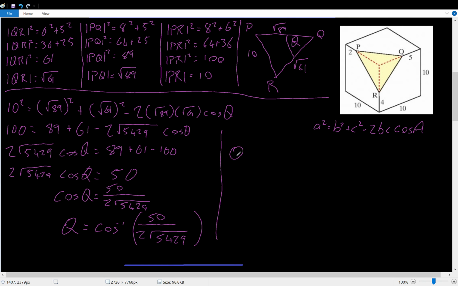So Q is going to be equal to 70.165944745 degrees, but the question asks us to get this to the nearest degree, so Q is approximately 70 degrees. And that is that.